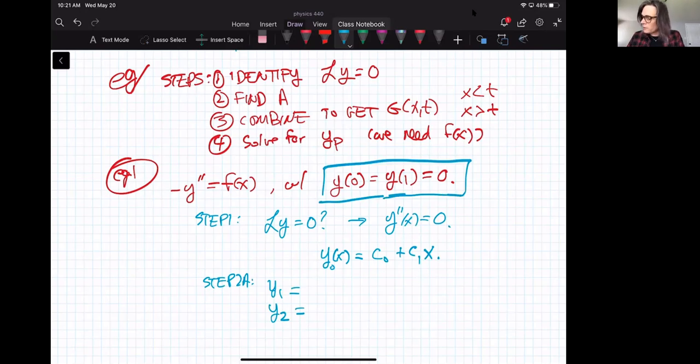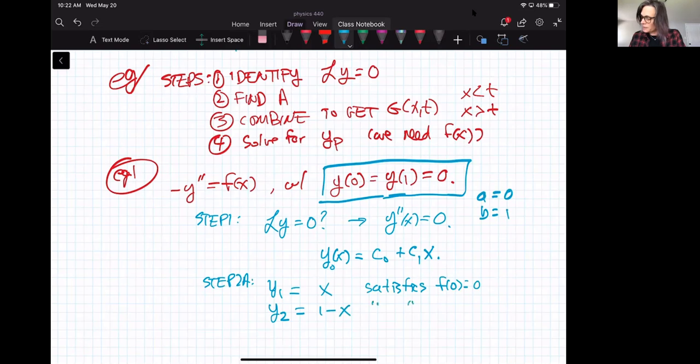So A is equal to 0, B is equal to 1, right? So that means that y1 is equal to x, okay? If we put in x equals 0, then y1 satisfies the boundary condition, 0 equals 0. On the other hand, y2 is 1 minus x.